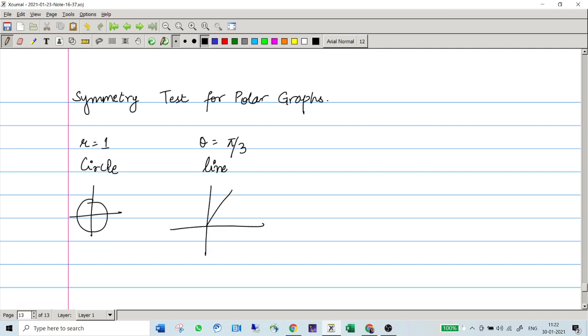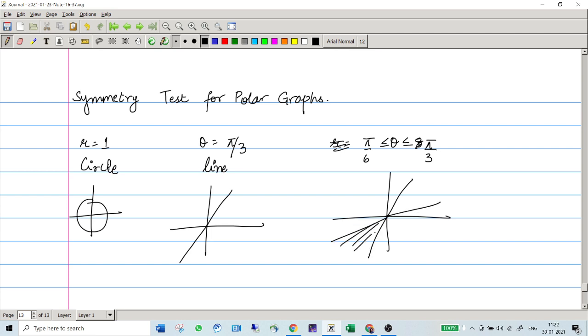So it was something like this. Then we even checked r could be anything and theta between pi by 6 and pi by 3, which you saw was two sectors like this. These were the points collected.